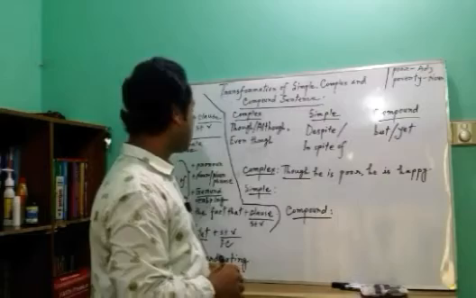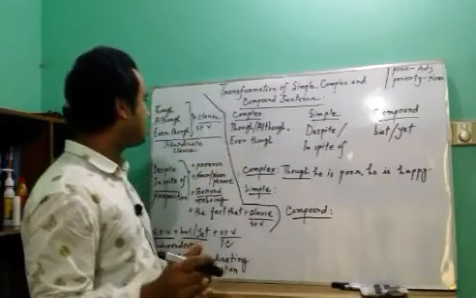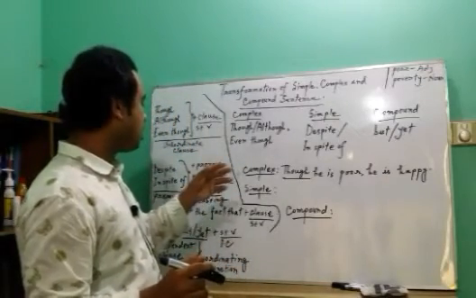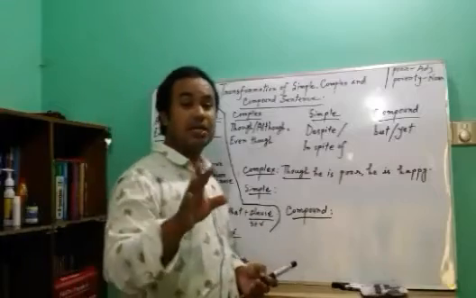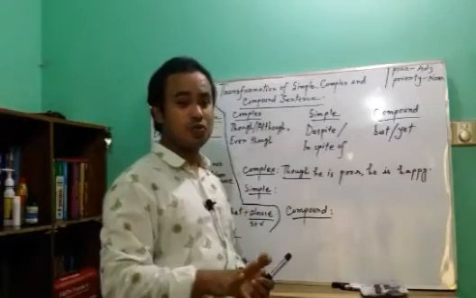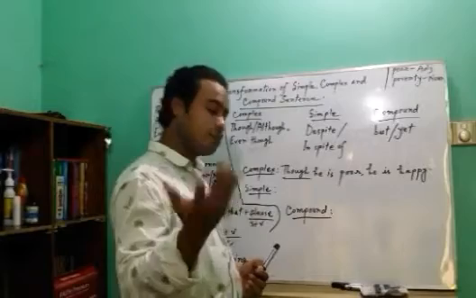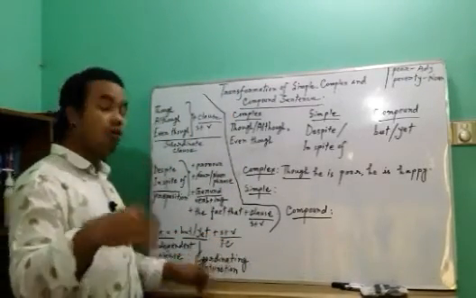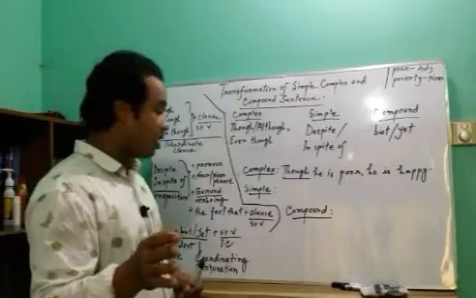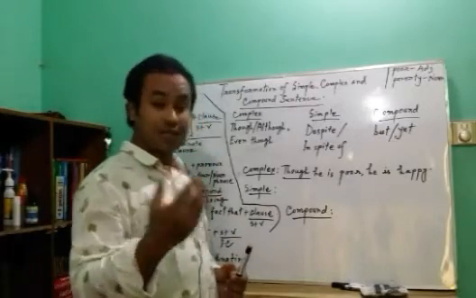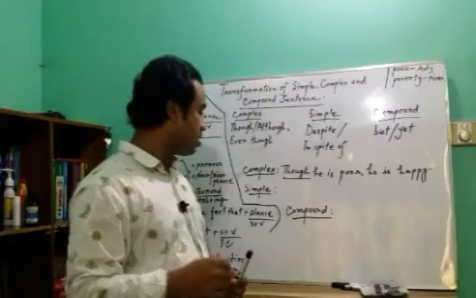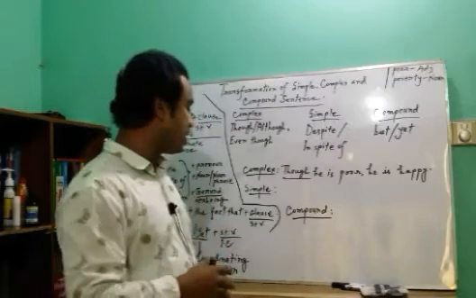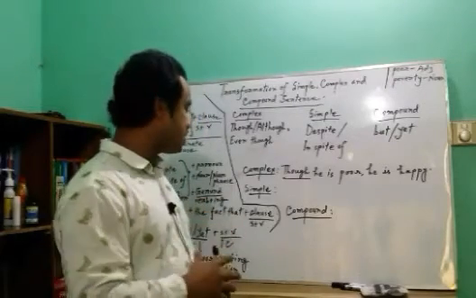Then let's talk about compound sentence. A compound sentence must include coordinating conjunction. You know what coordinating conjunctions are. Friend boys will help you to remember the coordinating conjunctions.